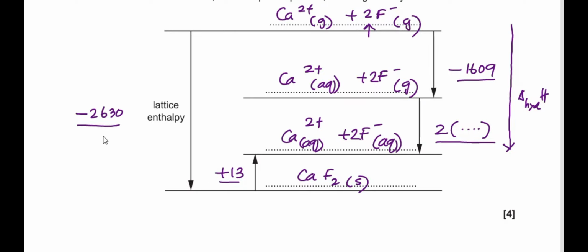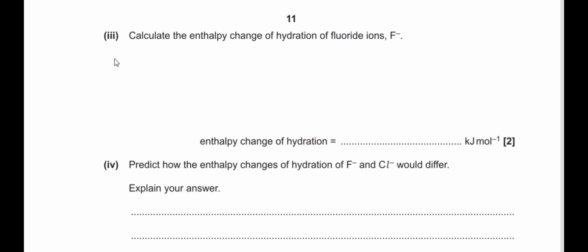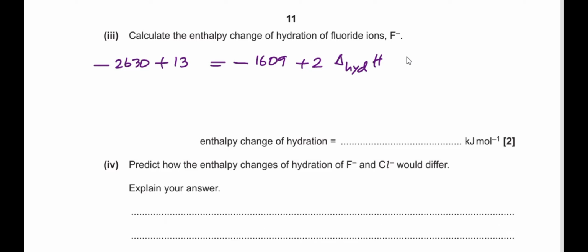So we could write minus 2630 plus 13 is equal to minus 1609 plus 2 times delta H hydration of fluoride ions.